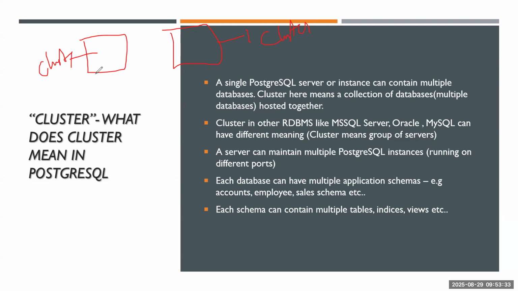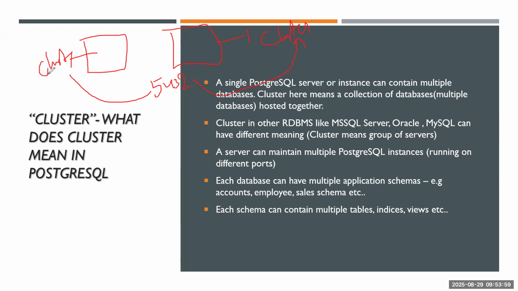Can I use the same port number for these two clusters? Yes, because both are on two different hosts. You can maintain a common port number. 5432 is the default port number of Postgres. You can use 5432 here, and you can use 5432 here also.